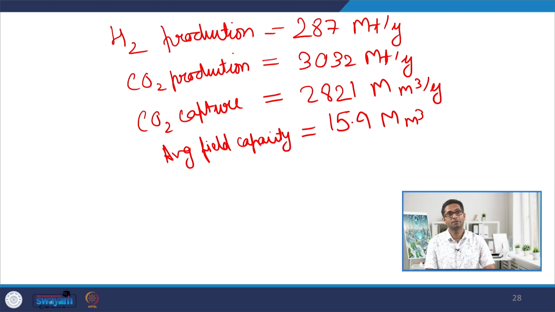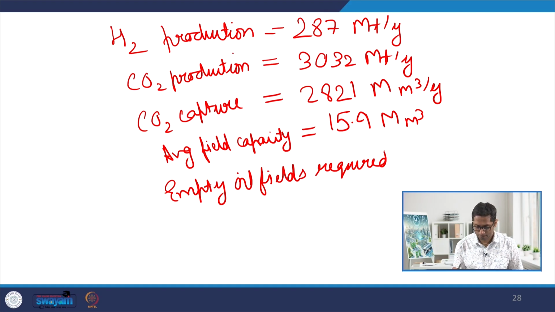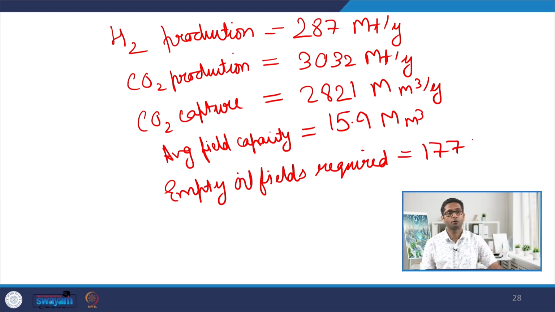And if I would have to estimate the number of fields required, this would be of the order of around 177. So, I would require roughly 177 empty oil fields, which might not be a very likely thing to happen, and this is something that I would have to keep on increasing, because that is not a static value. I would keep on producing hydrogen year after year.